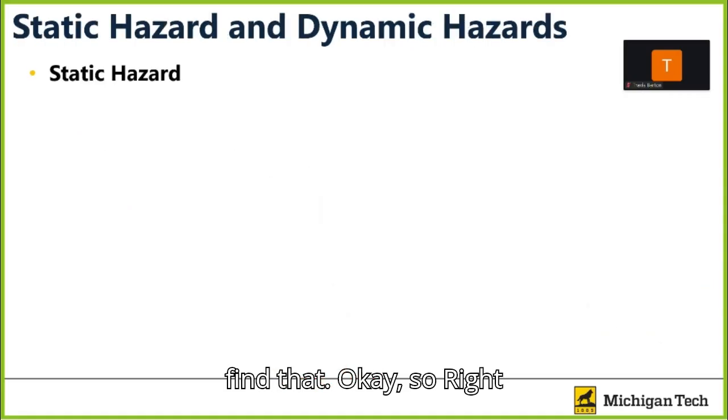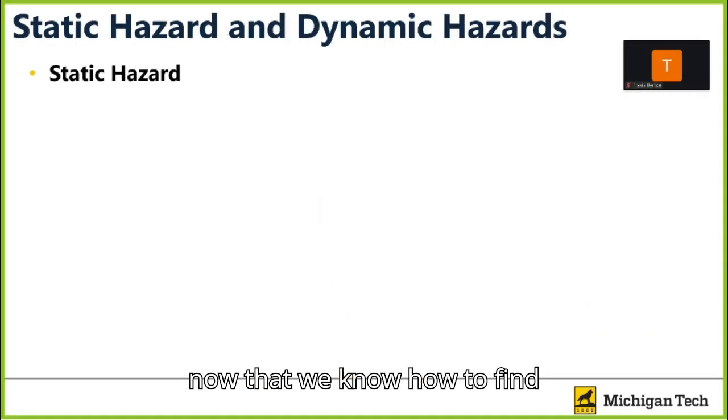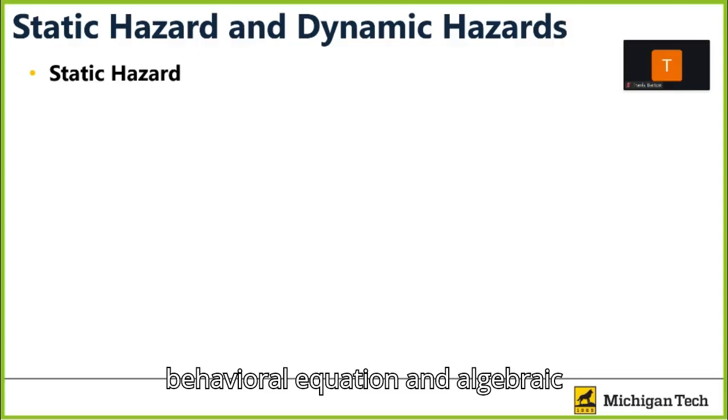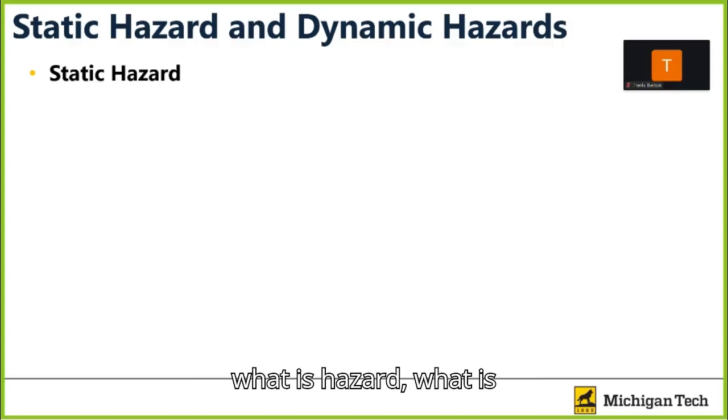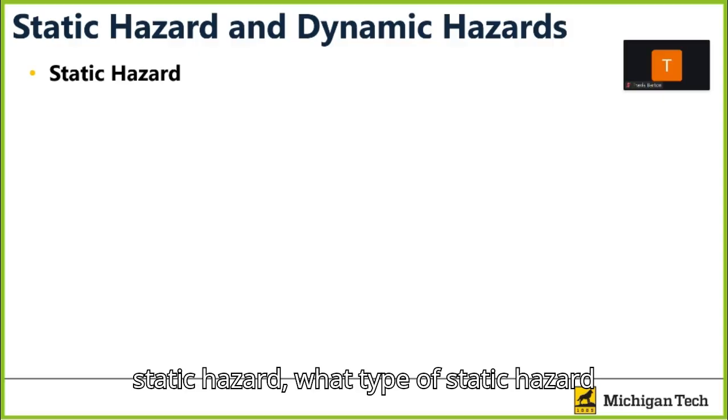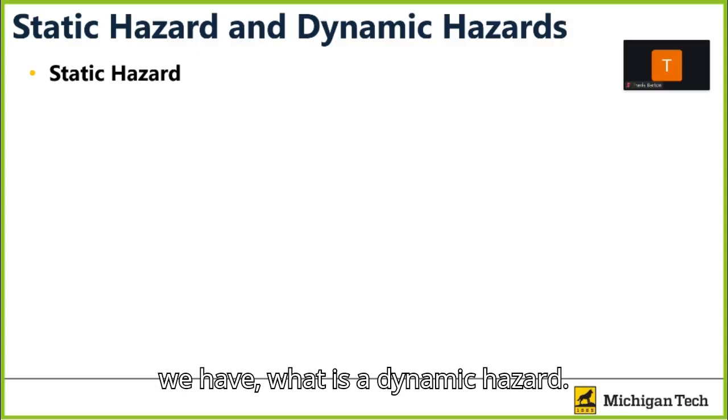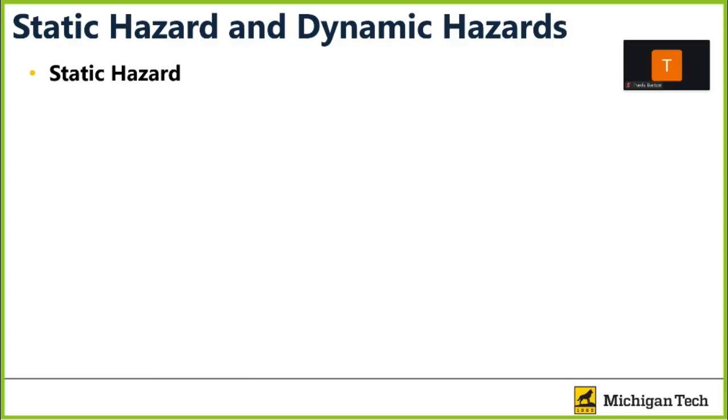Okay, so right now that we know how to find the behavioral equation and algebraic equation, let's go for defining what is hazard, what is static hazard, what type of static hazard we have, what is a dynamic hazard. Essentially, hazard is a glitch, something that we don't want.